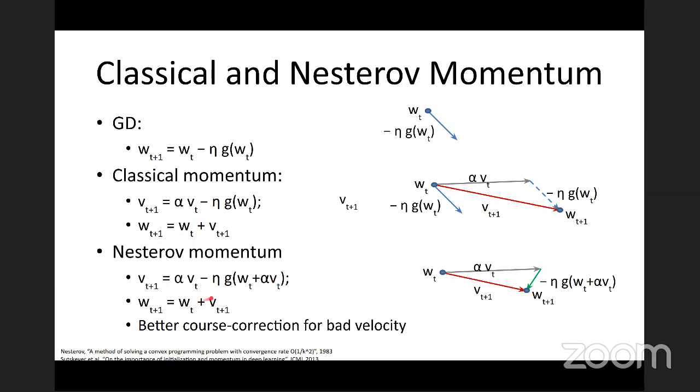Instead, in Nesterov, you are looking at the previous weight and where the momentum would have taken it, and based on that you are doing a correction for the velocity update that you would get. So you don't compute the gradient on the previous weight alone, you compute it on the previous weight plus alpha times the momentum V t.